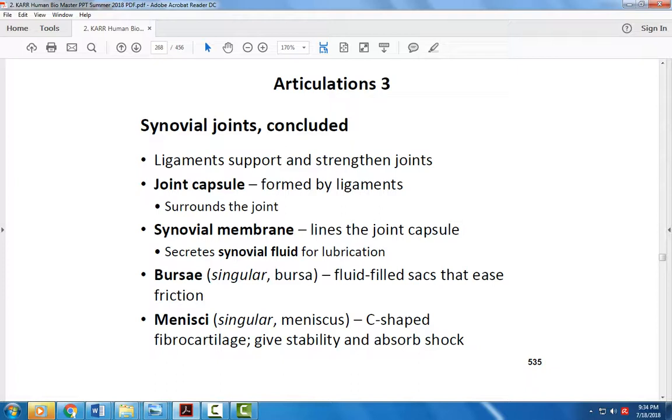Then there's what we call bursae, and these are fluid-filled sacs we find in the joint that provide extra cushioning. Some people with too much movement, or maybe sometimes not even enough movement of the joints due to lack of activity, can end up with something called bursitis, where the bursa gets swollen and rubs more than it should against the structures of the joint and causes a lot of pain with movement.